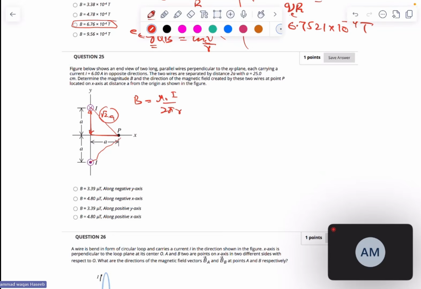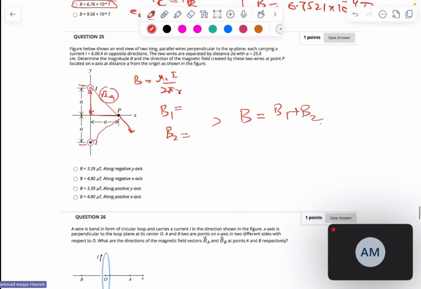Because they are anticlockwise, or opposite to each other, for this it will make an angle of 225, and then you will get the magnetic field B1, and then magnetic field B2, and then you will add them for the total magnetic field B, which is B1 plus B2.